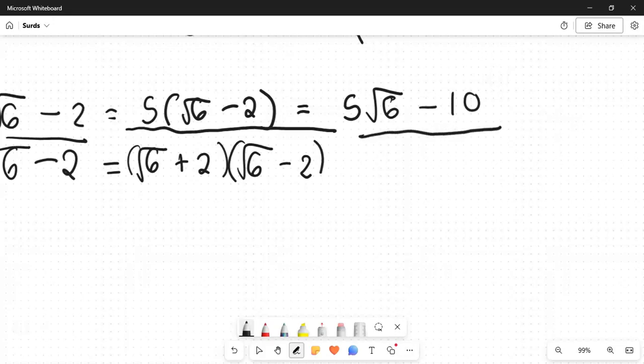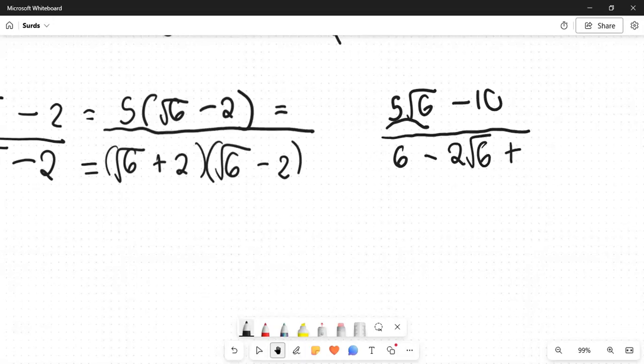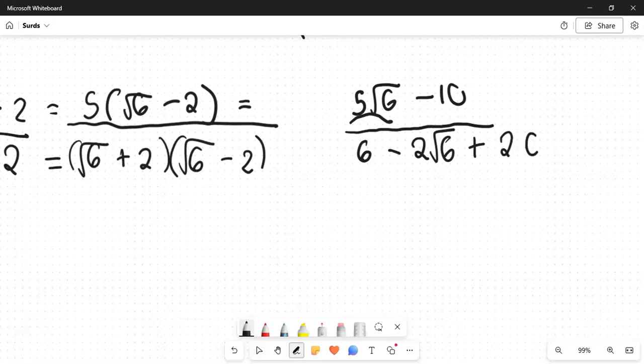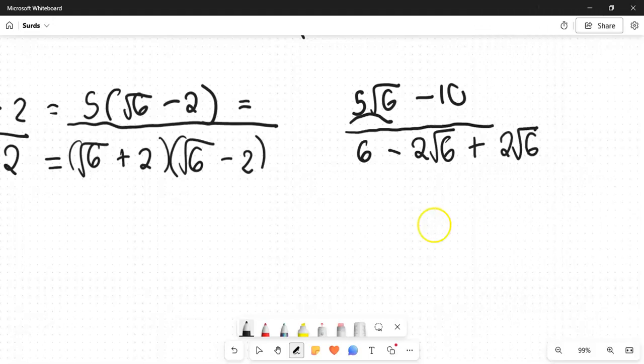And for our denominator, I'm going to show you step by step how to expand this bracket. What is root 6 times root 6? It is always 6 and it never changes. Root 6 times negative 2 is minus 2 root 6, plus 2 root 6, minus 4.